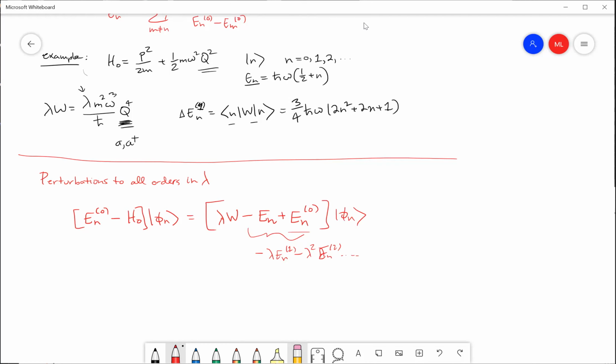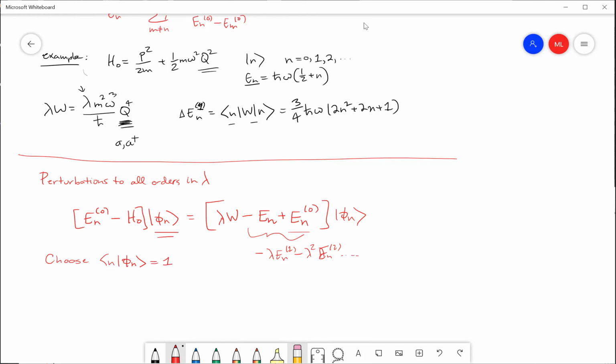Then what you can do is you can choose a particular normalization for your fully corrected states. It won't be a standard normalization where the states are normalized to 1. They're going to be chosen such that the unperturbed state n dotted into phi n is 1.